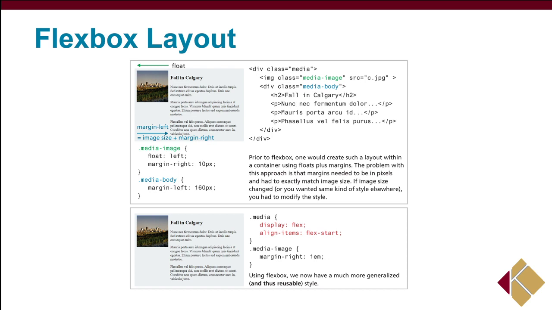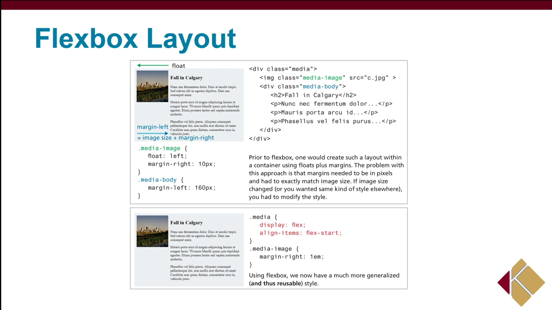So if the image size changed, or if you needed to use it in several places, or you wanted to use separate images, you would have to know that and change it. Super annoying, right? Well, Flexbox has a much more generalized, which means much more reusable, way of doing that. And we'll go over it here.